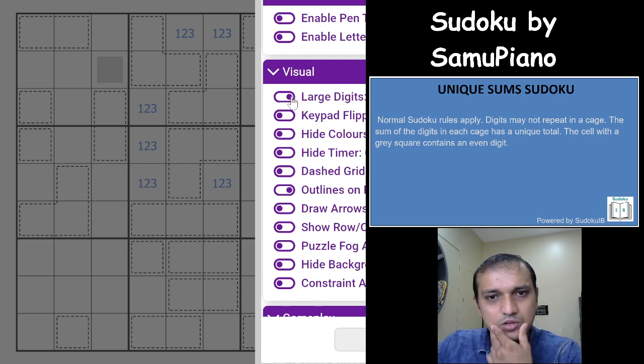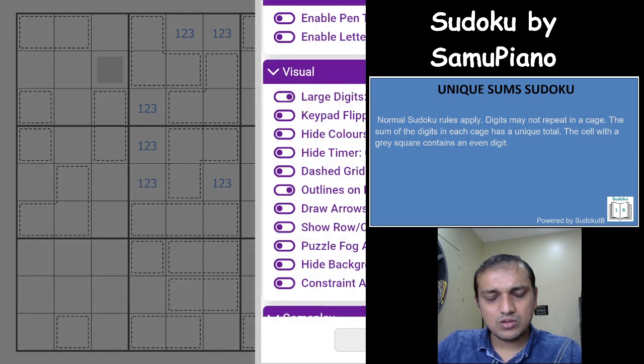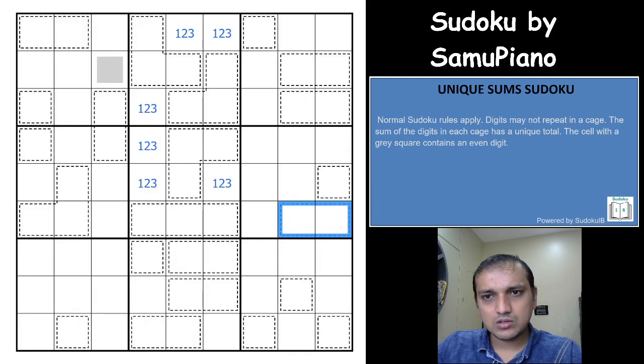Sudokus for videos actually. I'm not sure if, okay, so this is not the one. I'll just remove that. I don't need that now. I'm not sure if this killer Sudoku thing will work. We don't require this as well.